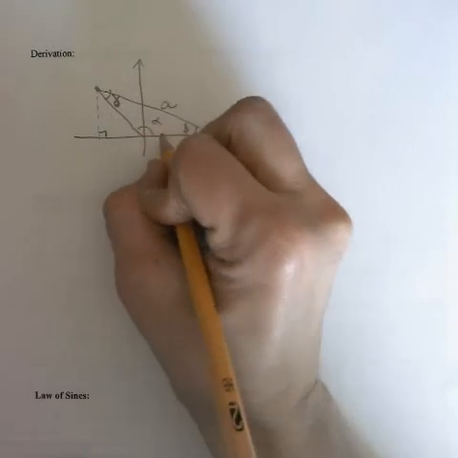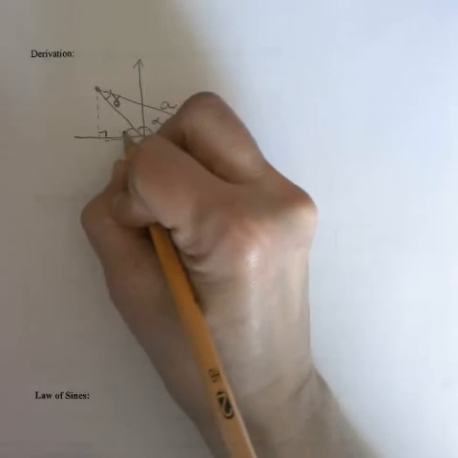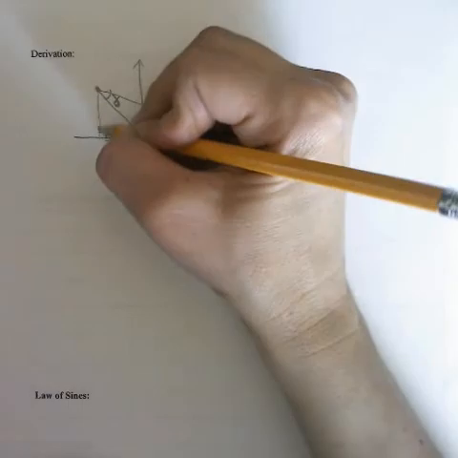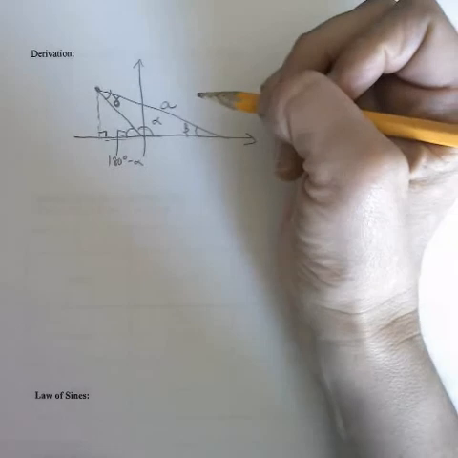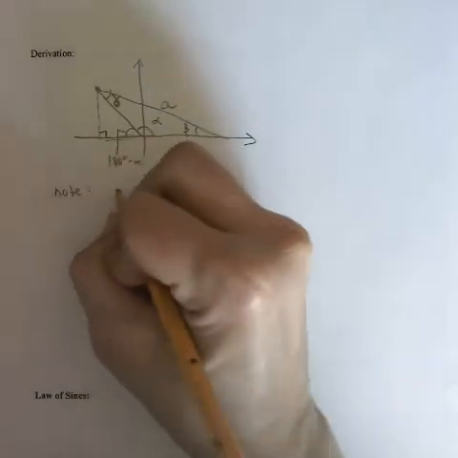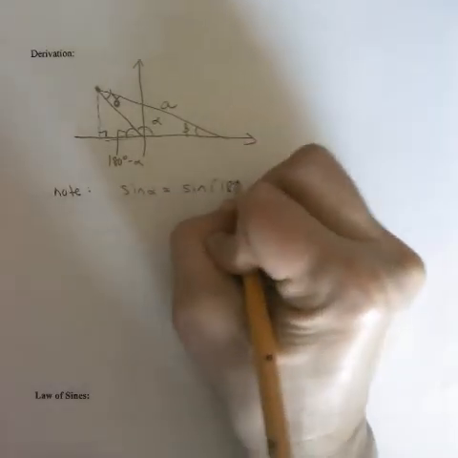So if this is alpha, this is of course a straight angle, so this is 180 degrees minus alpha. And so I'm going to actually form 2 right triangles. And note that the sine of alpha is actually equal to the sine of 180 degrees minus alpha.